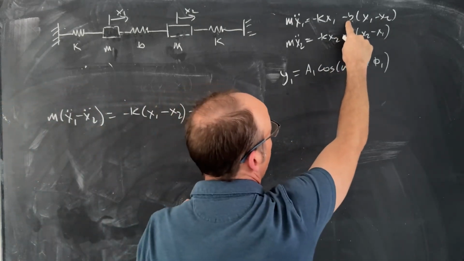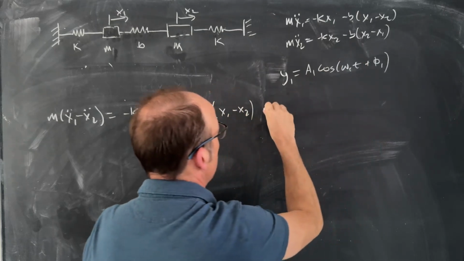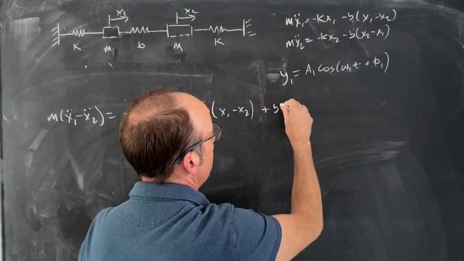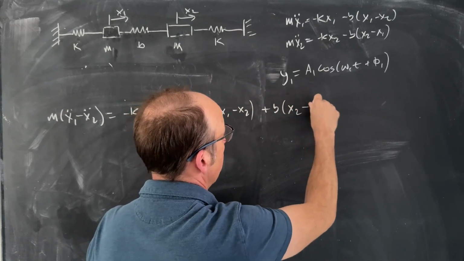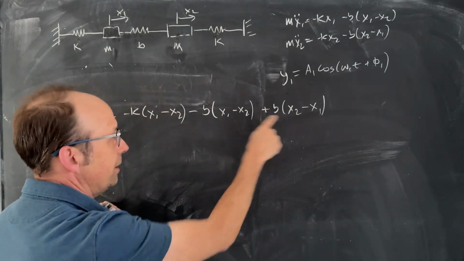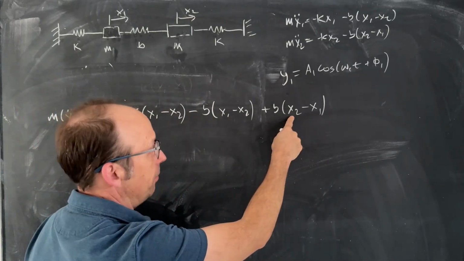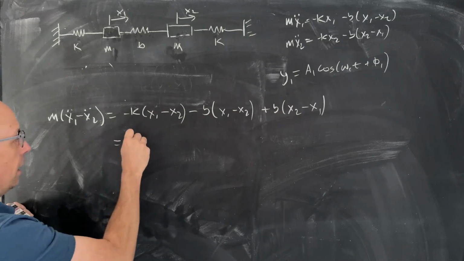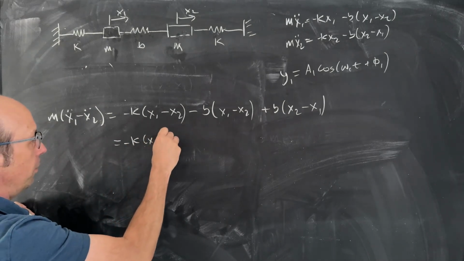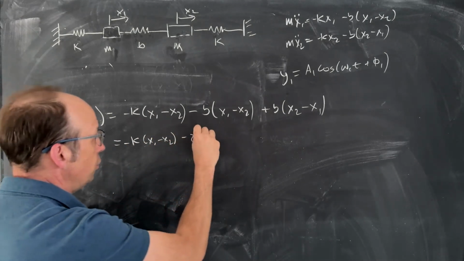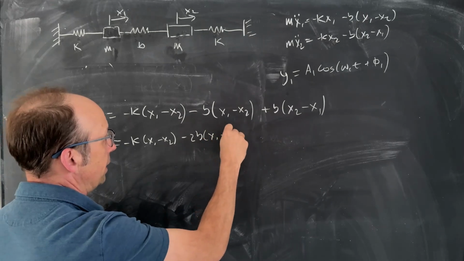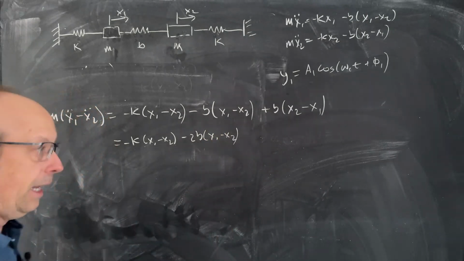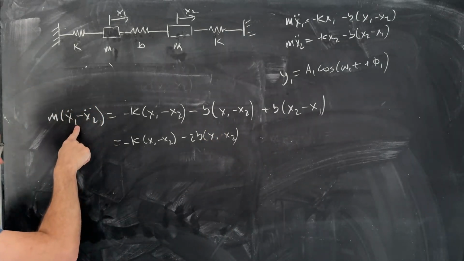And then here I have plus b times x2 minus x1. You'll see that I can switch the order of that and it becomes negative, so I have two of those terms. So this is going to be equal to negative k times x1 minus x2 minus 2b times x1 minus x2. And now on the left I have m times x1 minus x2 double dot.